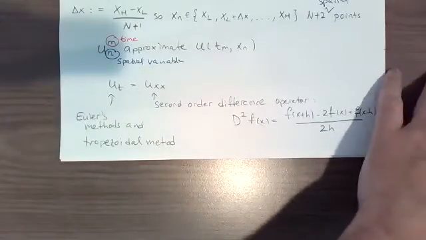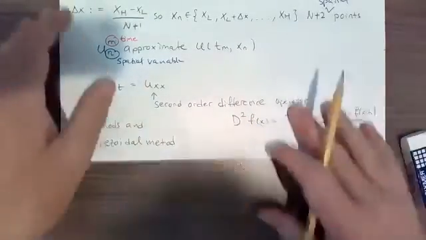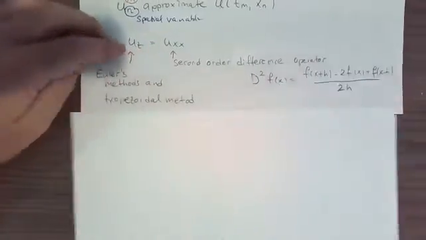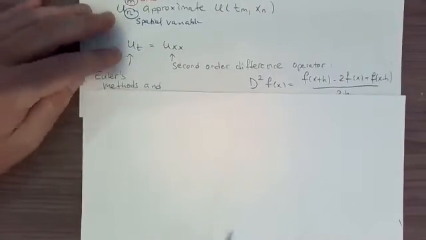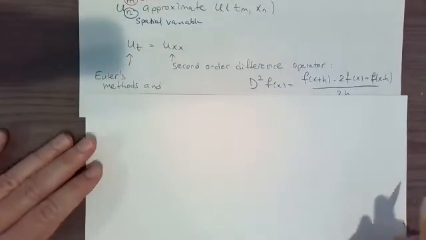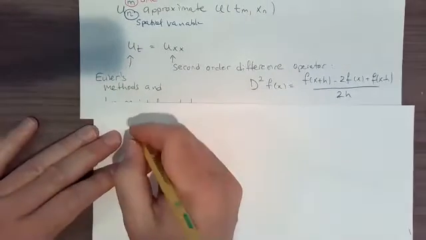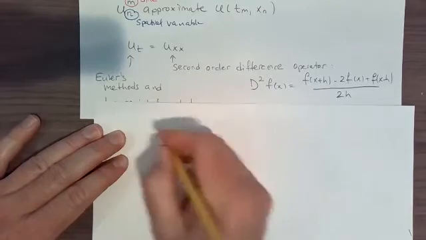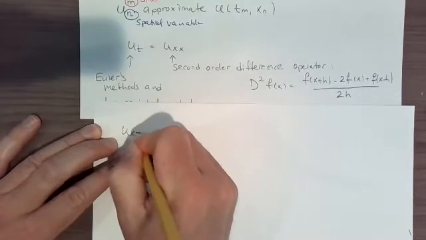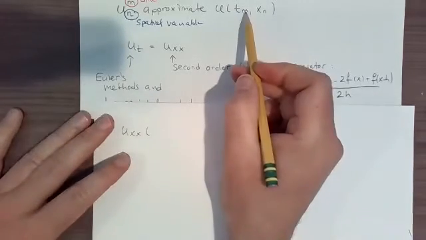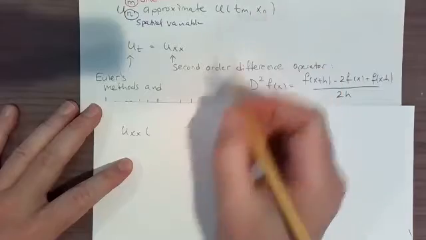So let me try to write that out. The second order difference operator applied to that u, what will it look like? We have u_xx evaluated at t_m and x_n.